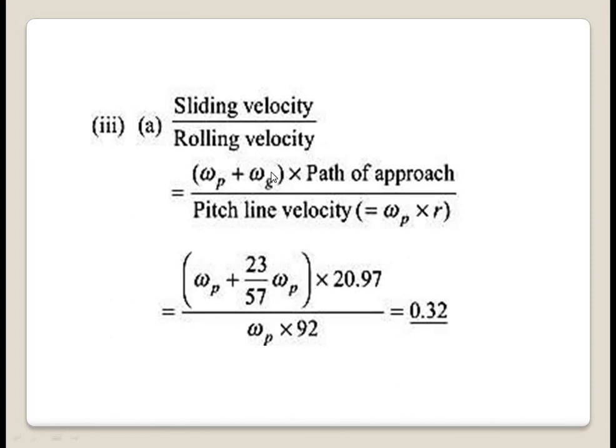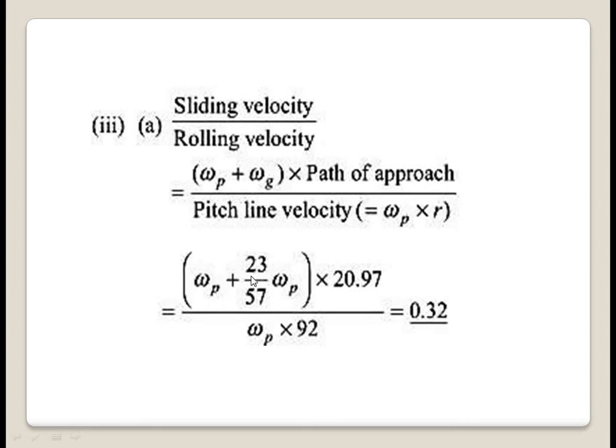So instead of omega g, put small t divided by capital T into omega p. We have the value of the path of approach, that is 20.97. The pitch line velocity is omega p into 92. Omega p is common, so take omega p common from the bracket.